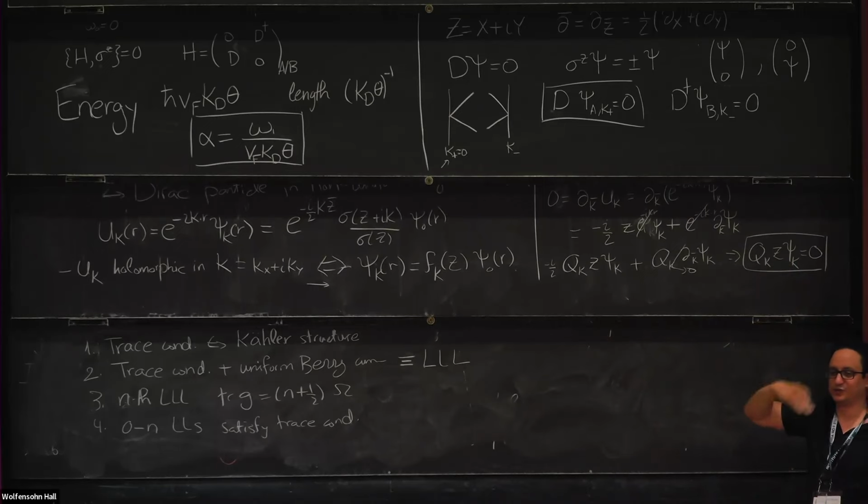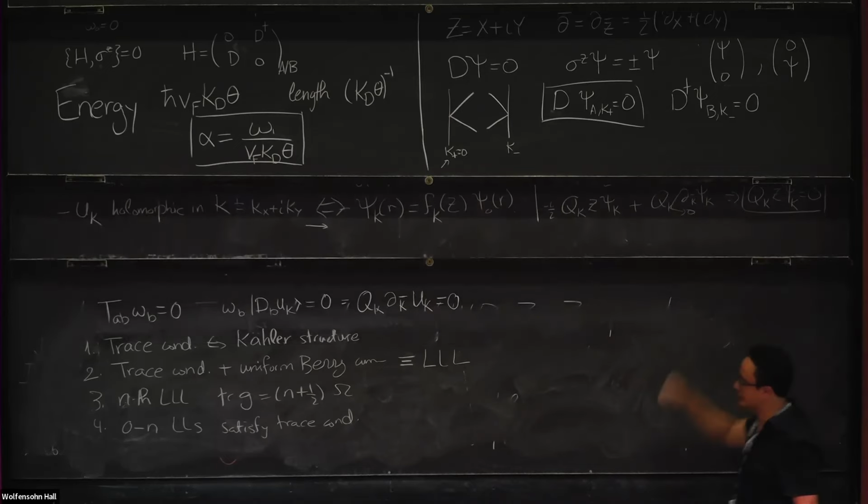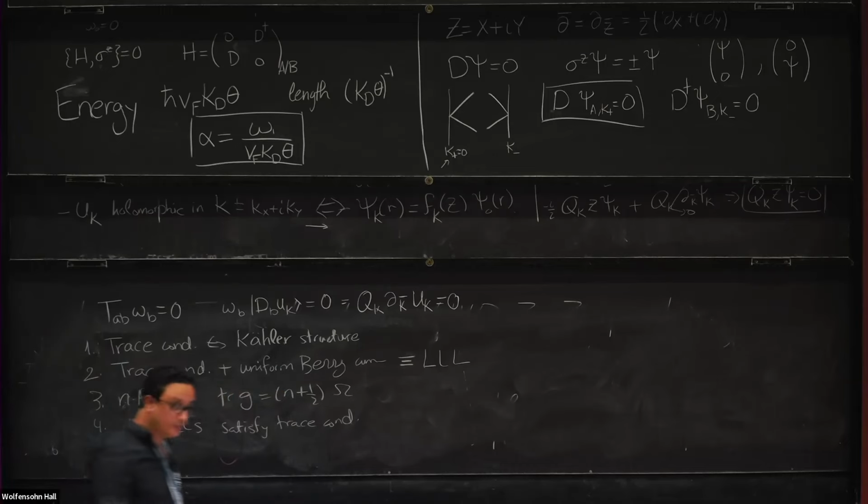And if I reduce the number of z bars, I go down in Landau levels, but not up. So if I take 0 to n multiplied by z, I would never get higher Landau levels than n.